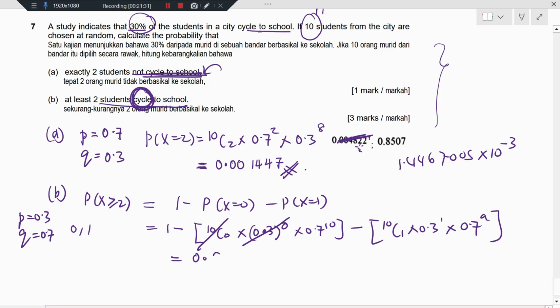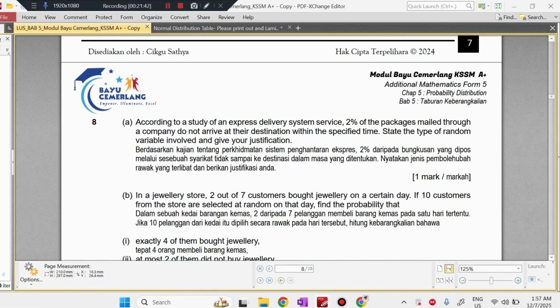This one, you get the correct answer, 0.8507. I think they wrongly calculated. They forgot it was not cycle, but they calculated for cycle. But that's wrong. Okay, question number 8.